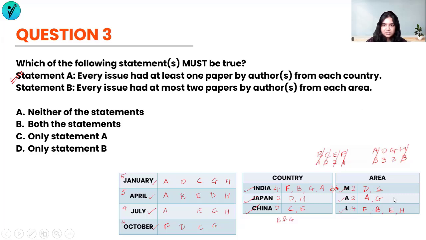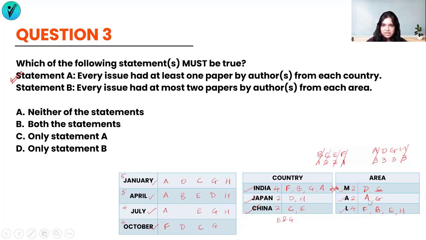So we're looking at areas now, not the countries. If we have A, D, C, G, H, okay, there are all the 3 areas here and at most 2. A, B, E, D, H. Okay, we have 1 each from A and M and then 3 from L, which is fine.